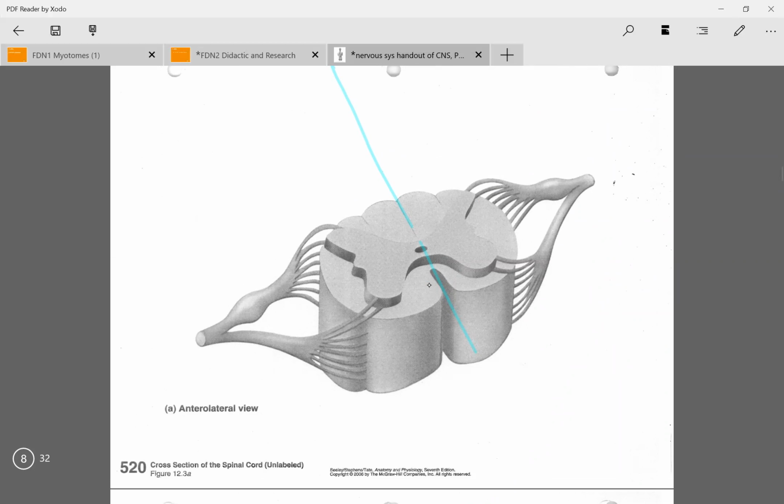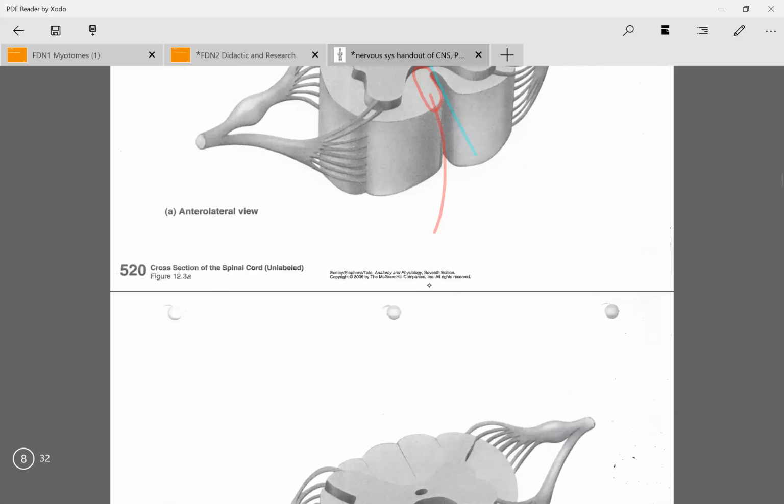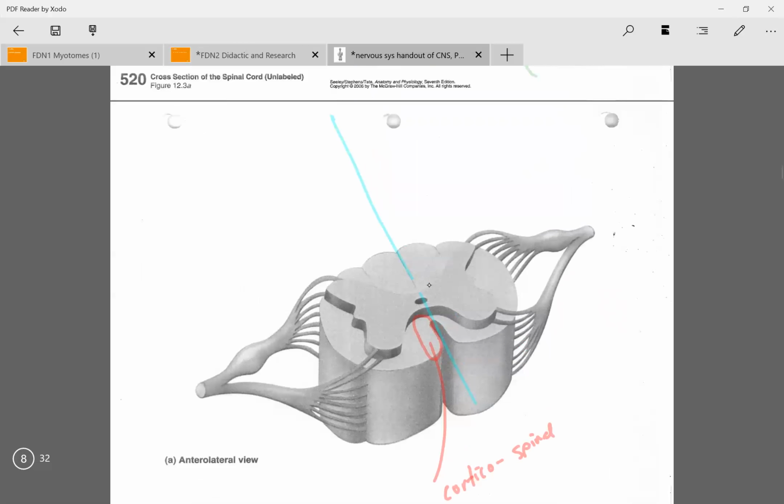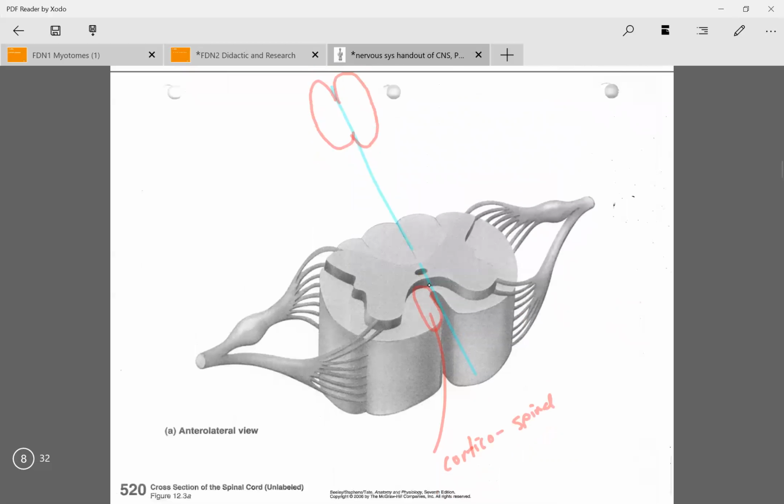All right, this is the corticospinal. Okay, we'll draw our brain.